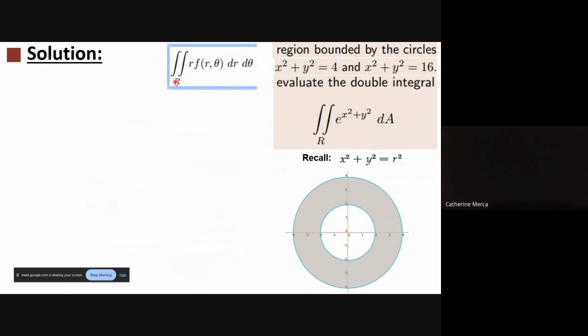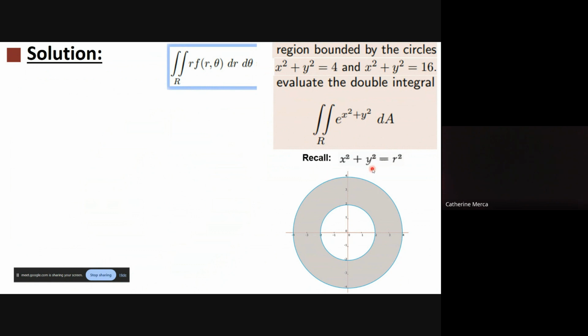Remember that this is our formula for double integral in polar coordinates. We have r, a function of r and theta, dr d theta. So from here, this is your function, but you have to rewrite it in terms of r and theta. But x squared plus y squared is r squared, so you can rewrite this as e to the r squared, and then you have your r dr d theta.